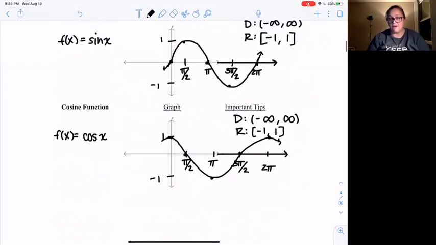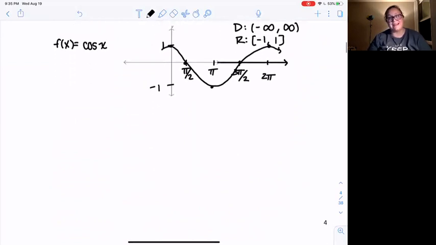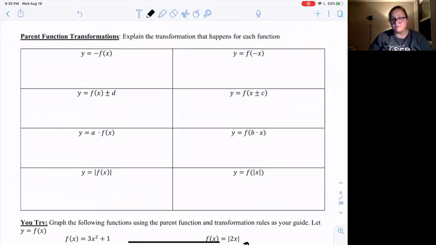Okay, now let's talk about the transformations that happen. These are all the parent graphs that you need to know. Now let's talk about the types of transformations that can happen with the various parent graphs. The parent function transformations are the ways that we can change our functions. They will show up in a variety of these ways, one or multiple.